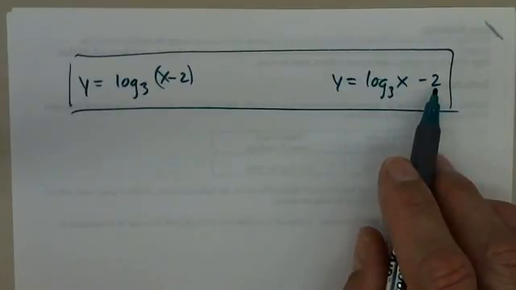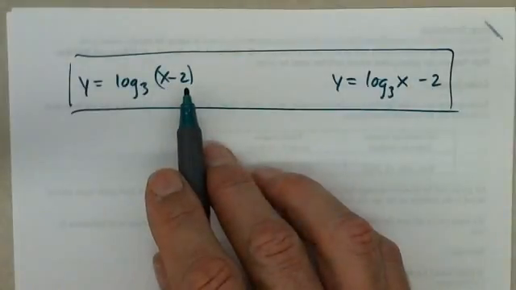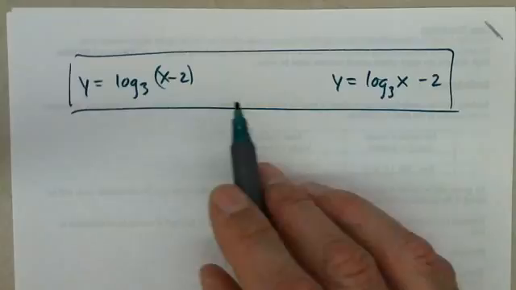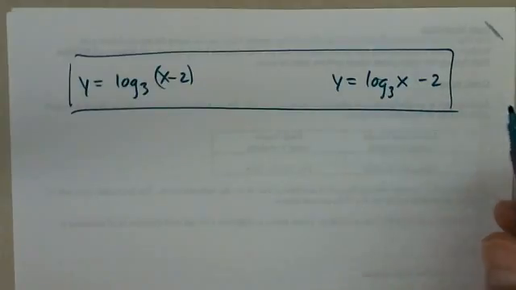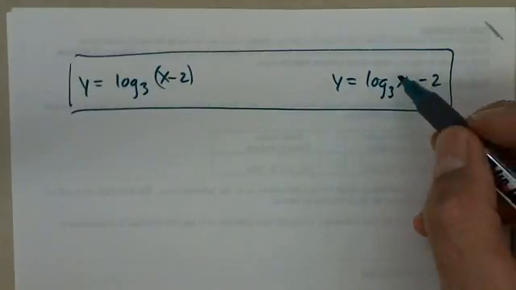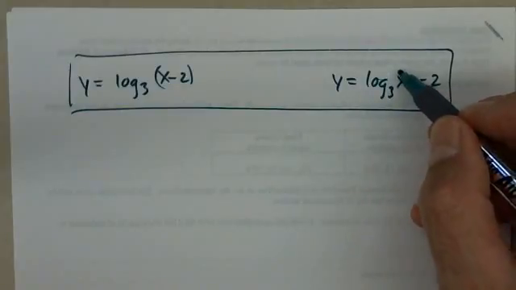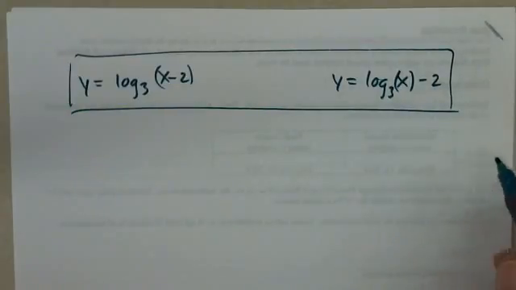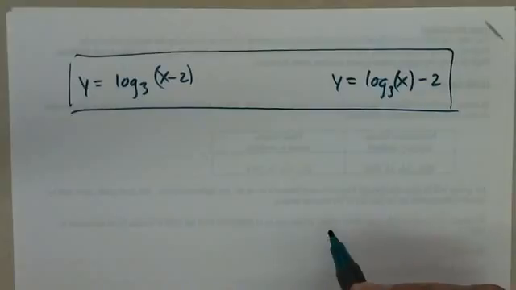They read this and they think it means this. So make sure you pay attention to parentheses, or if there are no parentheses. If there are no parentheses given, you can't just put them around this. You could put them around that, and that helps you see that that is outside of the log.